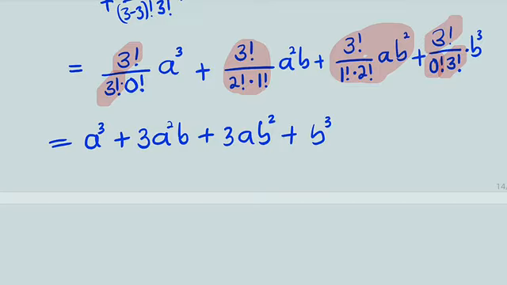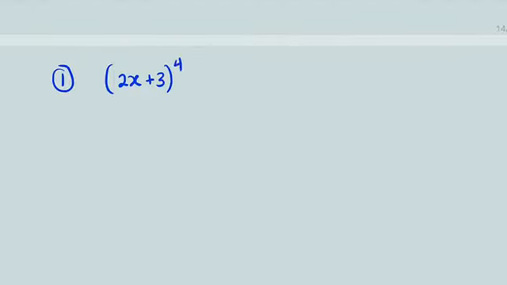Now let us take another question. Example, suppose we wish to expand 2x plus 3 raised to the power of 4. Let me come down here. This is equal to, n is 4 here. So we have 4 combination 0.